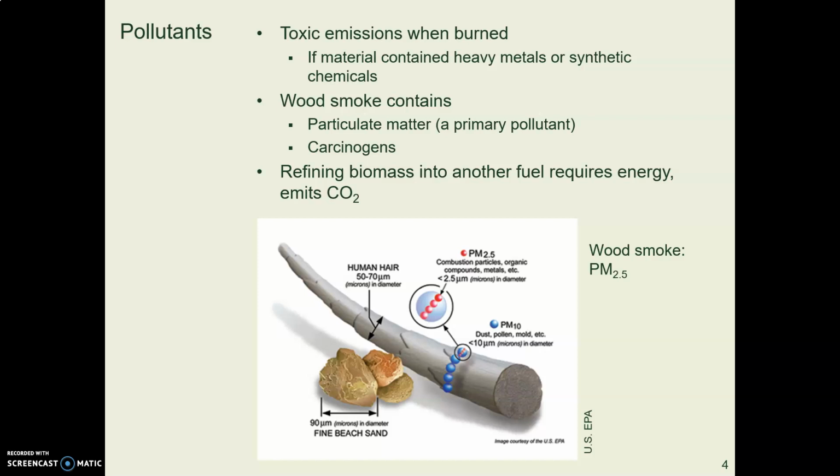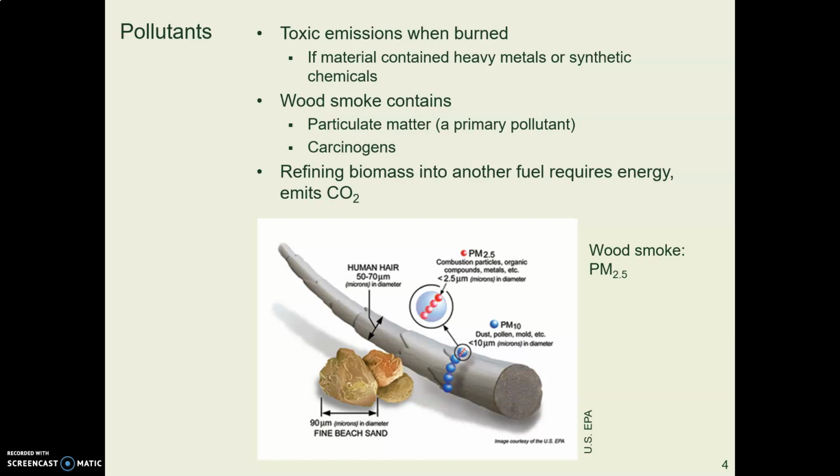So maybe you're using wood waste or agricultural waste, and herbicides and pesticides were used in that material. Or maybe there's some kind of heavy metal in that material. Well, those kinds of compounds give off dioxins and other toxic material when they are burned. So that's the danger to biomass.